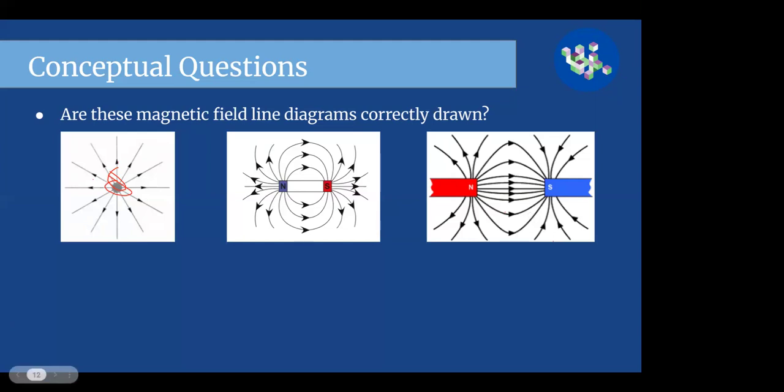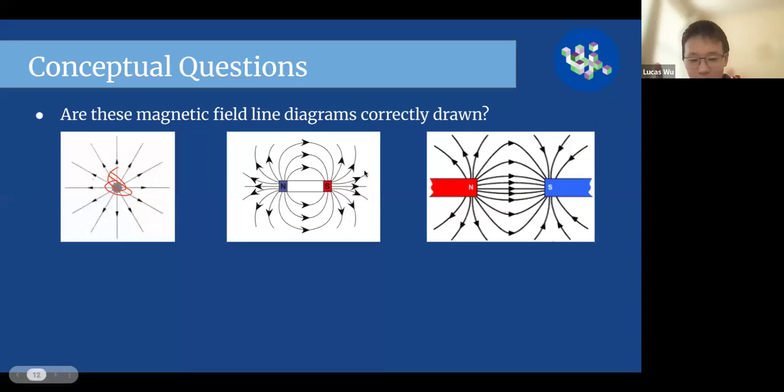For part two, it's wrong because if you look, there are lines extending out of the south end of the magnet, which is indicative of something going wrong. And for part three, it's correct because... Actually, pause there for a second. I'll let you explain part 3 in a second, but let's go for part 2 first.